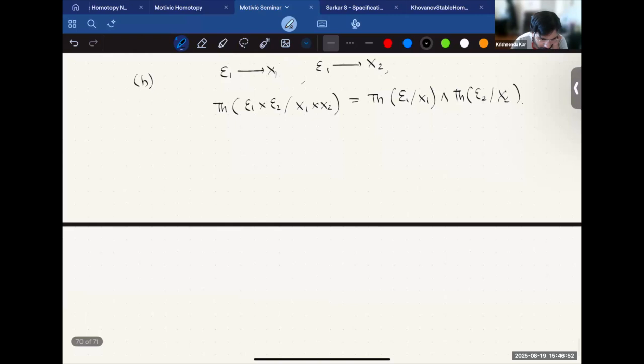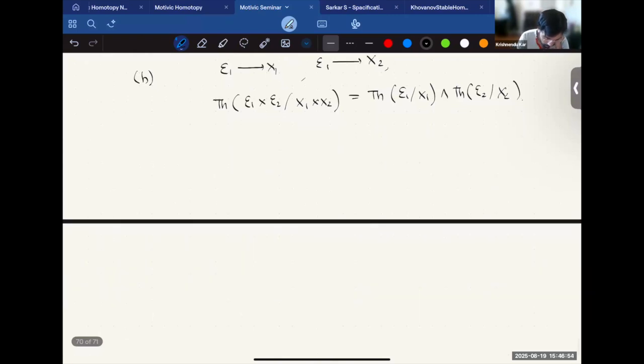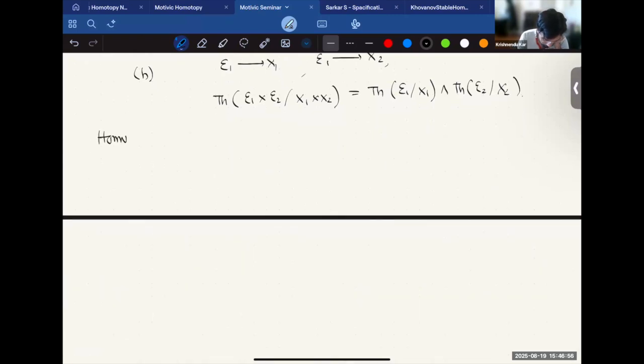And there is this homotopy purity theorem that I would only mention.